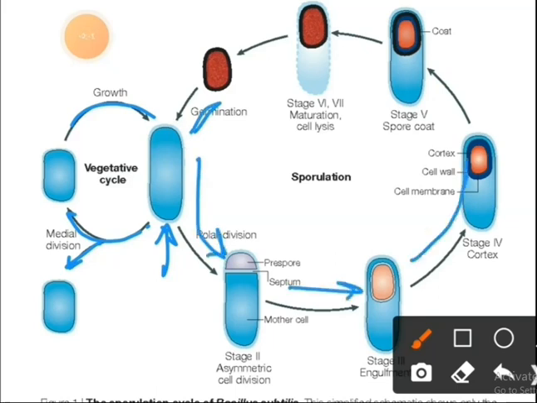Finally, the vegetative mother cell will disappear, and only the spore will stay in the environment, and it could stay for years on earth, in soil, dust, water, and air. When there are favorable conditions for growth, this spore will change to the vegetative cell.